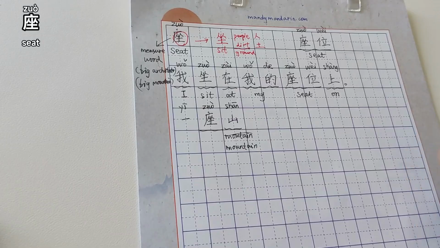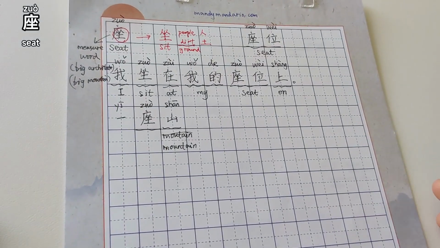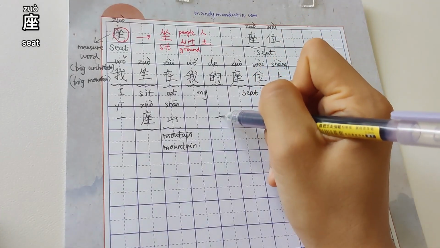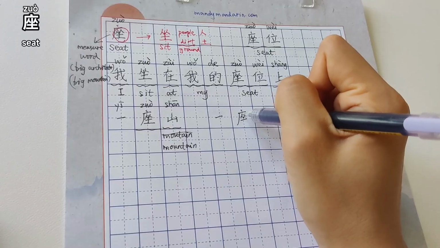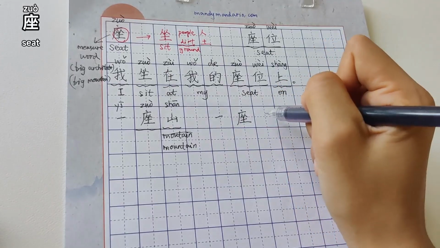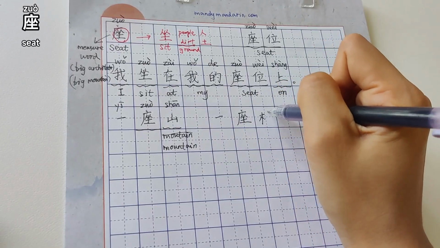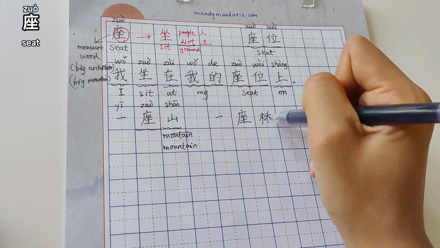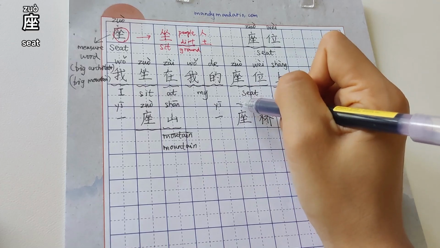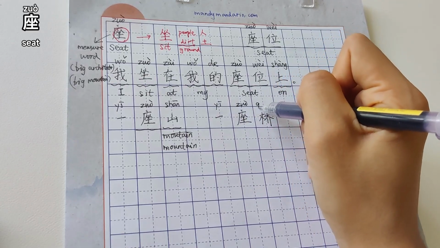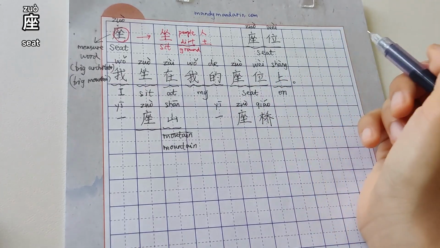Okay, 一座山, a mountain. As for the architecture, you can say 一座桥.